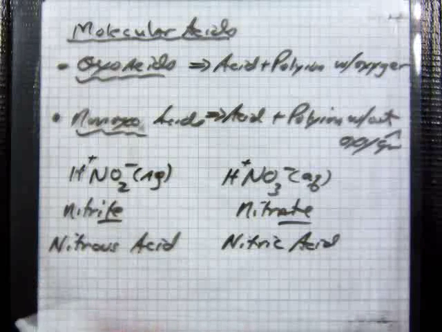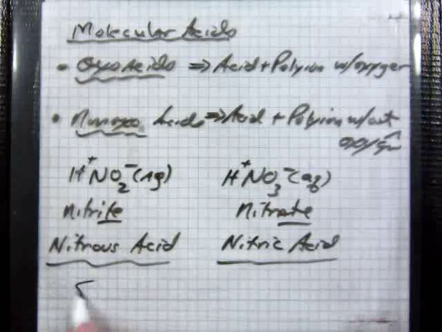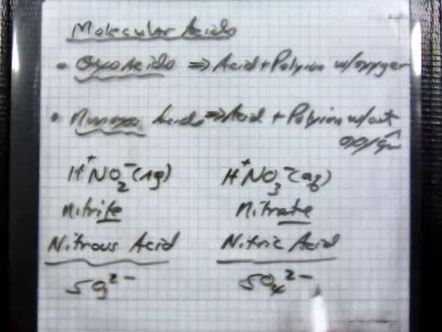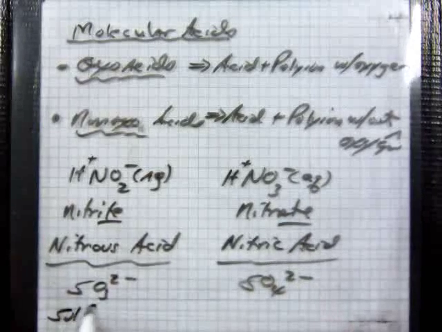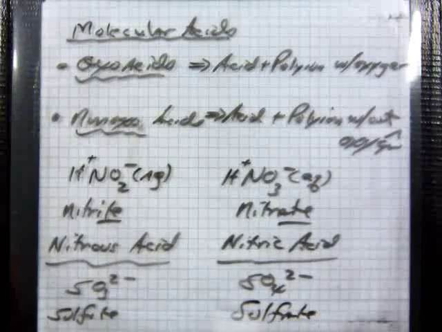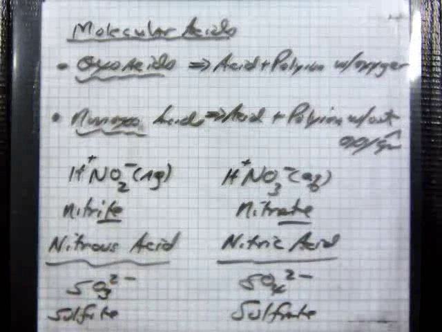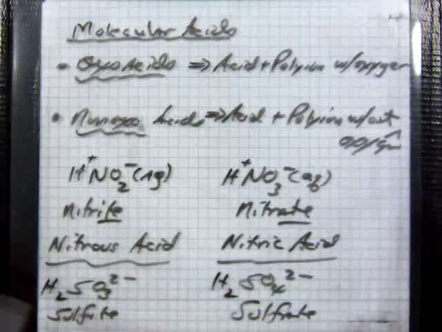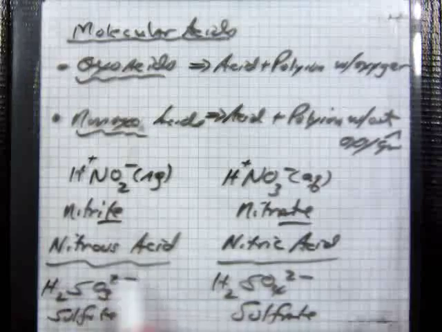So if we could go on to others, SO3 2 minus, SO4 2 minus. Okay, this is a sulfite. This is a sulfate. Of course, you would have to have 2 hydrogens on each one of these to turn it into an acid, because you'd have 2 negatives.